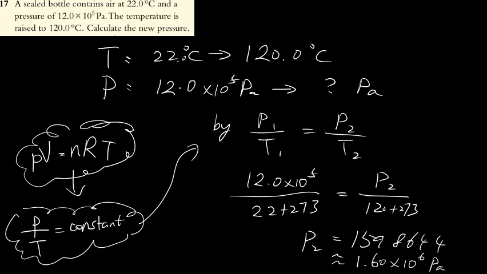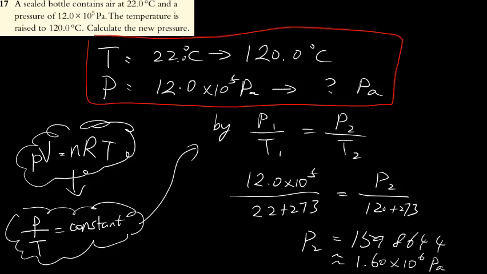The next question is a very typical one using the ideal gas law. Usually what I would be doing is I'll write down the variables that you know and how they change in a very clear way so that you won't mix them up. You may want to follow my format here.